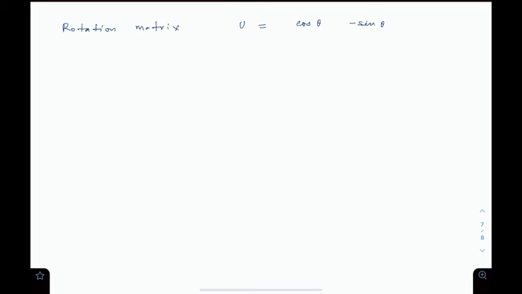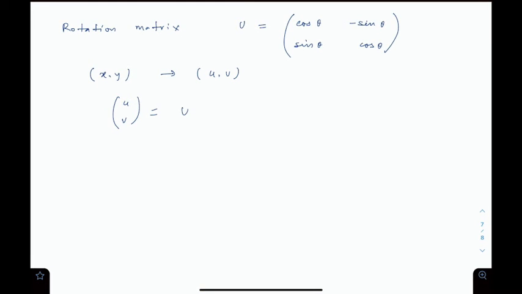Now this matrix transforms our coordinates as well. It takes x comma y to, let's say, u comma v. Well, we can write it as a matrix multiplication, and the new covariance matrix will be given as U V U transpose.